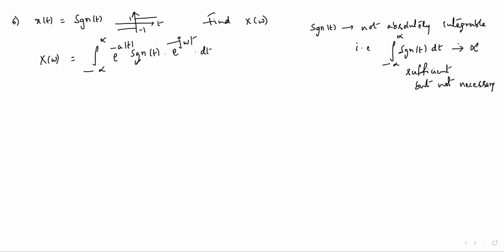But to keep the value of the expression the same, let us take this a tending to 0. Limit a tending to 0, e to the power of minus a mod t is nothing but 1.